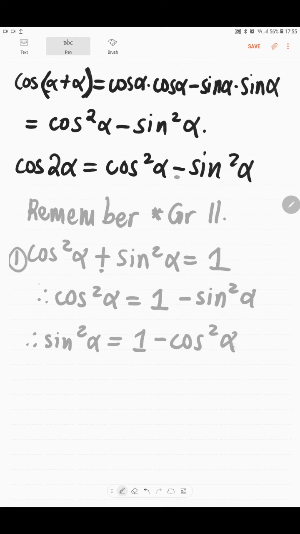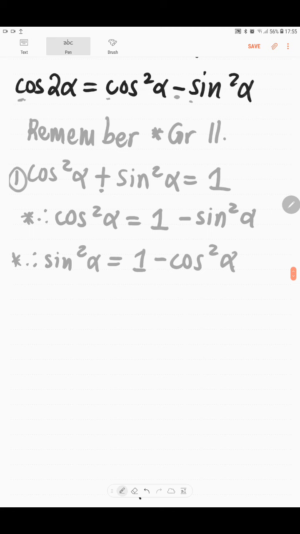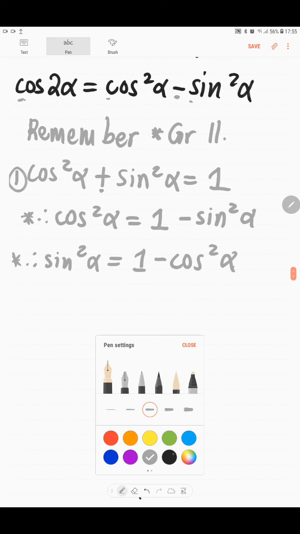Now these two are going to be very helpful for us in changing this. For instance, if we are given a double angle of cosine, but you are required to come up with a solution that has cosine only or sine only, then you will use either one of these. Let's quickly see how we can substitute them into that formula.